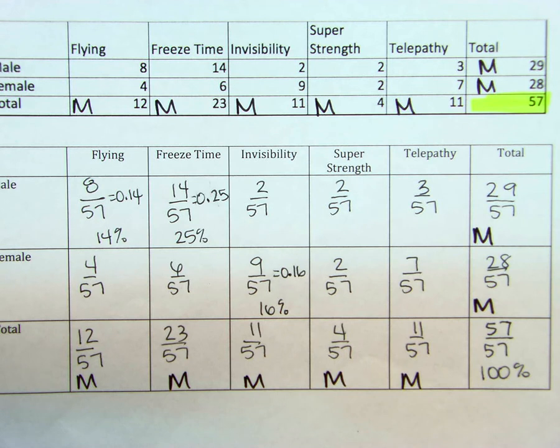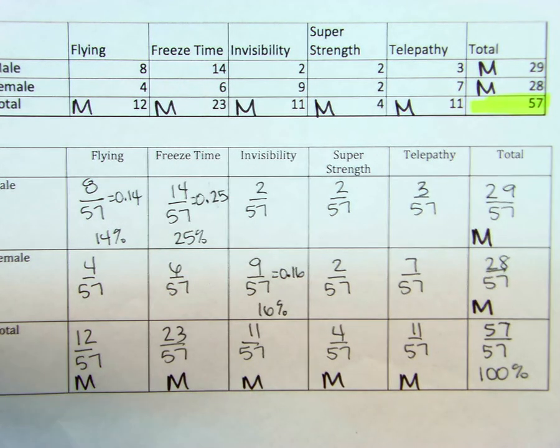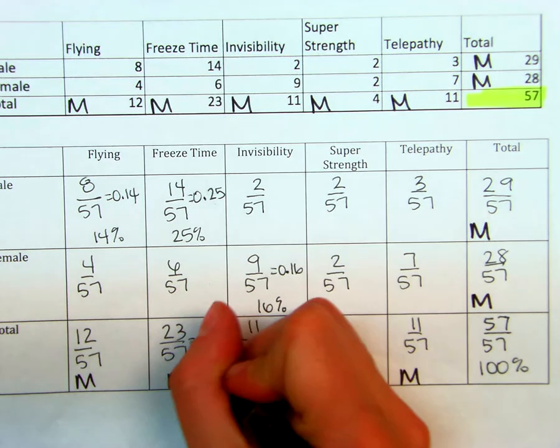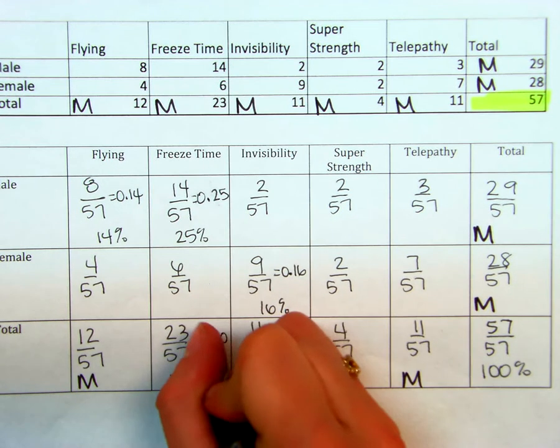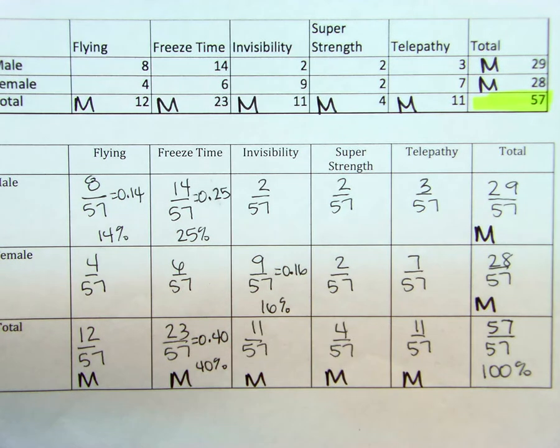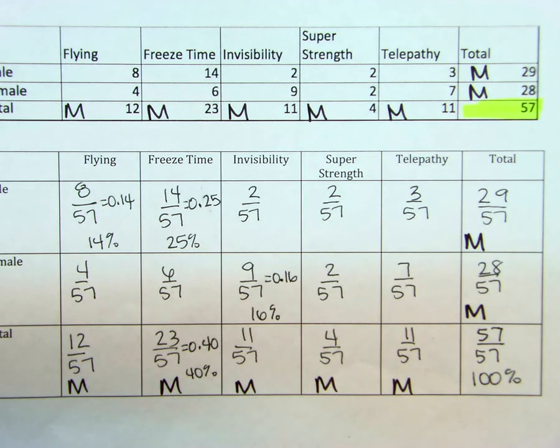What's the marginal relative frequency for freeze time? We take 23 and divide it by 57, and we get 0.40, which is 40%. So 40% of the total number of people surveyed wanted freeze time as their favorite.